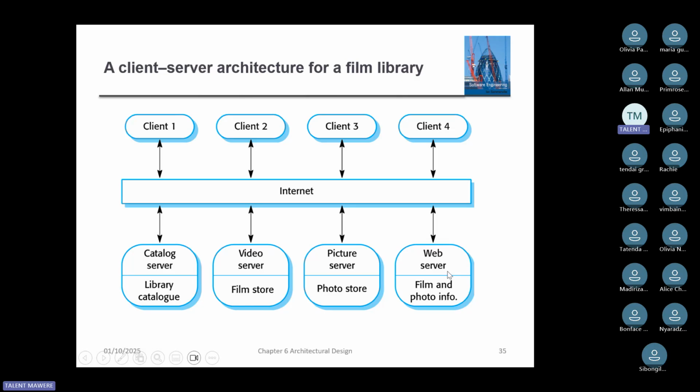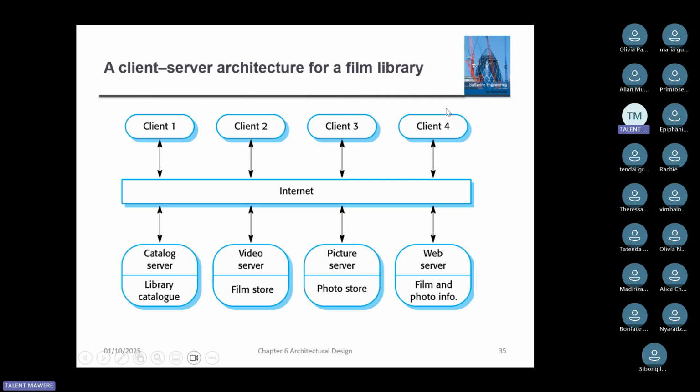So that's the main advantage of the client-server architecture. You are trying to distribute your services across multiple servers so that you reduce the likelihood of one point of failure associated with the repository architecture.